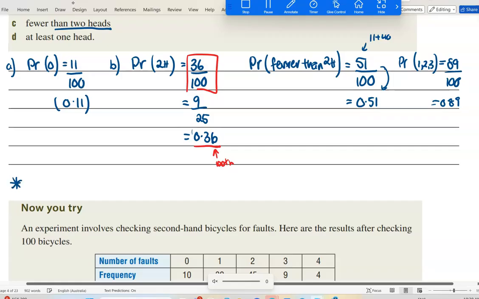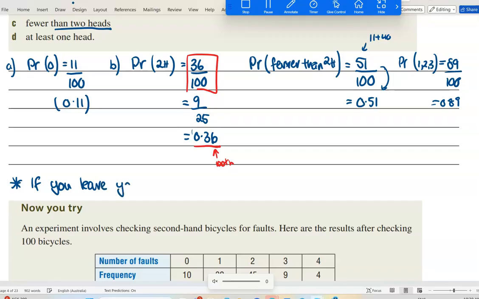Let's just write a little note. If you leave your answers in fraction form, you must simplify it.